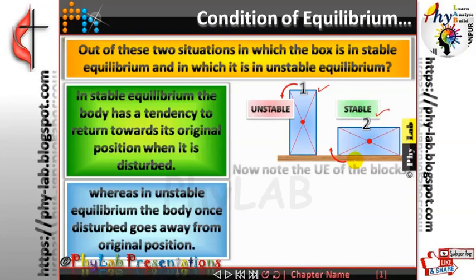Now if you also notice the potential energy of the box in these two different states, which potential energy am I talking about? I am basically talking about the gravitational potential energy of the box, that is mgh. So look at this particular height h1 and look at this particular height h2.